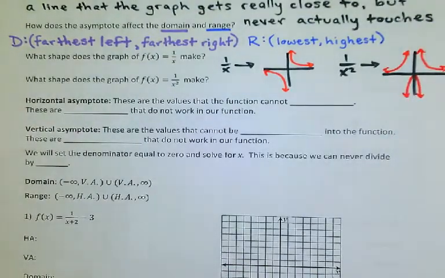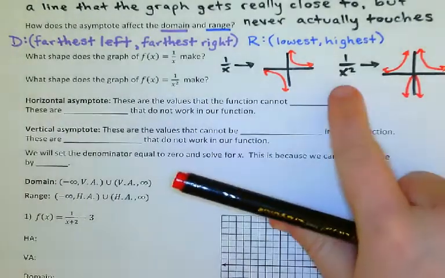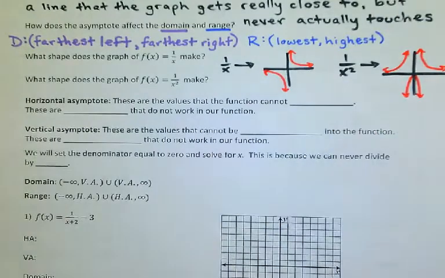Okay, so this time we have 3 sections to our graph. Depending on what is in our denominator, depending on what our graph looks like, that's going to tell us where our asymptotes are at.